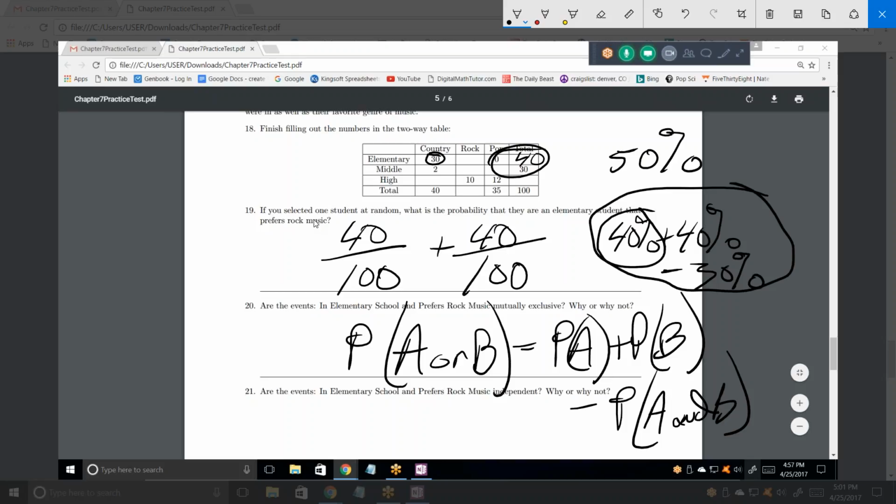The probability of elementary school is 40%. And the probability of A and B, meaning both elementary school and country, is 30%. So it's 40 plus 40 minus 30. So 50% would be the odds that somebody would be either in elementary school or a country music fan.